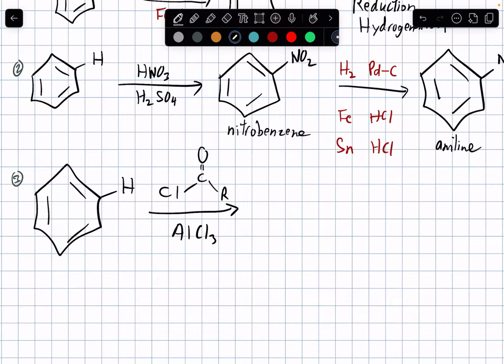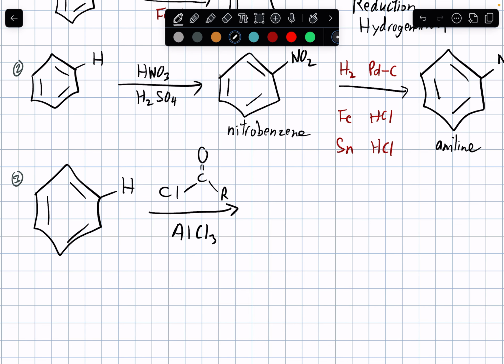This is what an acyl group looks like. It technically is a kind of ketone. This is a ketone, O=C-R.